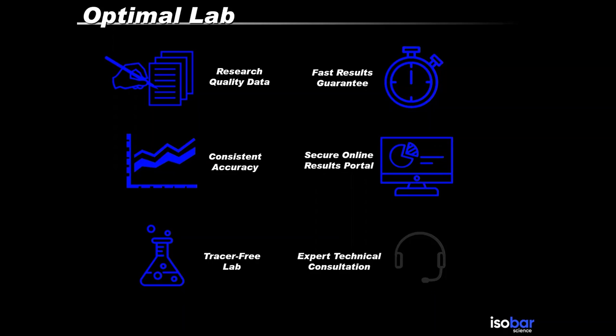Find a lab which offers you technical consultations. At Isobar Science, you always have an open line with either me or my colleagues in the lab to ask whether this type of sample is good for the analysis, or which part of the sample we should take subsamples from for such and such analysis.